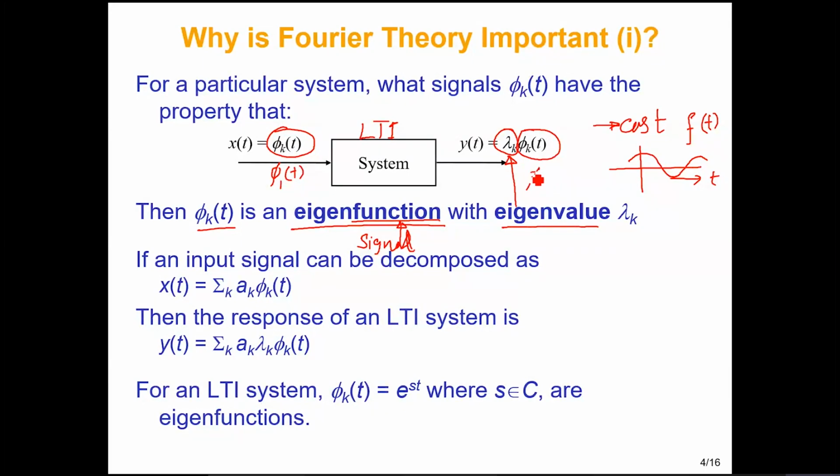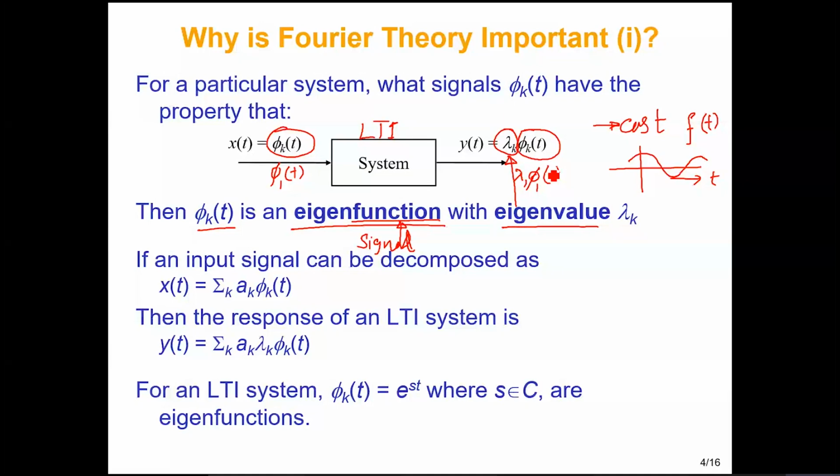It is not that you will have just one eigenfunction, you may have a whole series of eigenfunctions, and each will have its own eigenvalue. Similarly, we can have 2, 3, 4, whatever. These eigenfunctions have the property that if you give one as an input, the output would be the same eigenfunction multiplied by its eigenvalue.